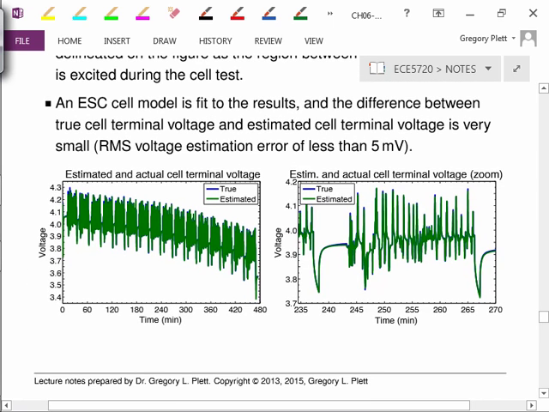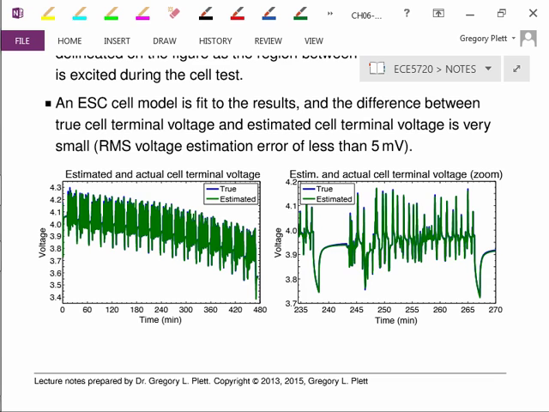The ESC model was fit to this particular cell, and we looked at the model behavior versus the true cell terminal voltage behavior in an open loop setting. The blue line in both of these plots is the measured voltage. The green line is the estimated voltage using the model. The left plot is for the whole test.